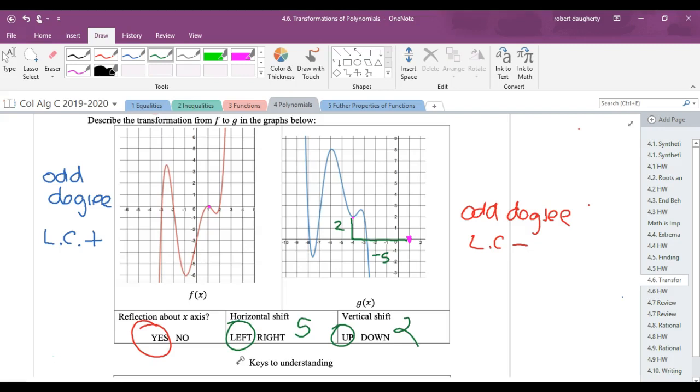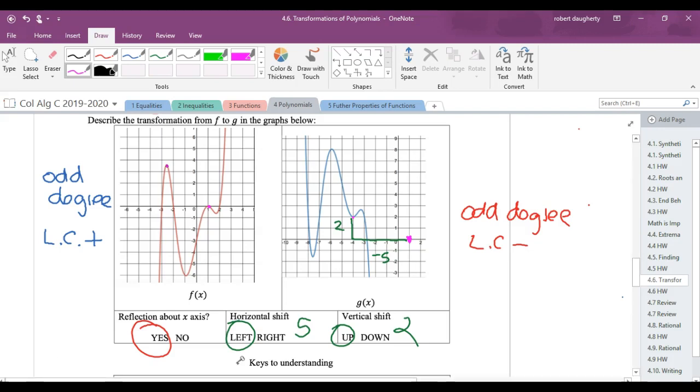Now why do I not pick this point? I mean, it's going to be down here, but why don't I pick that one? It doesn't fall on a what? On an integer. So I don't know. This is what? This is negative 2 point something, 3 point something. So it makes it harder to go to that.